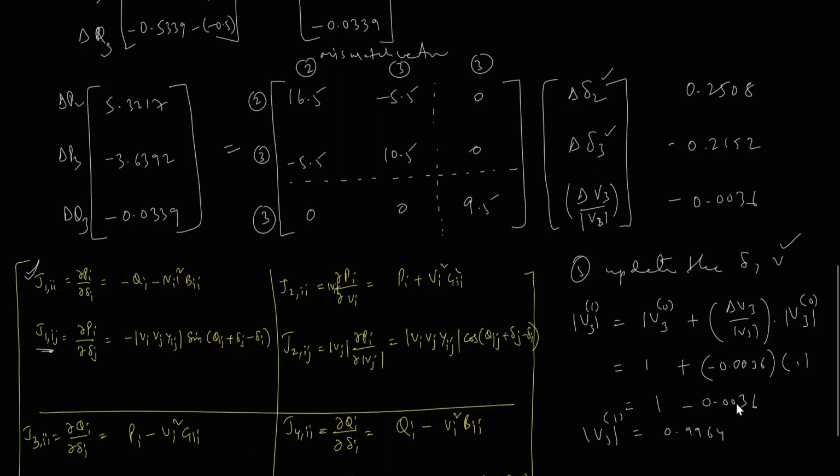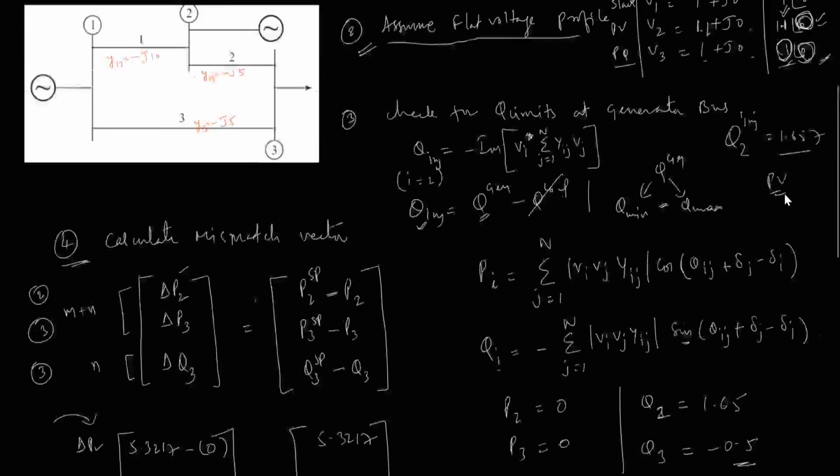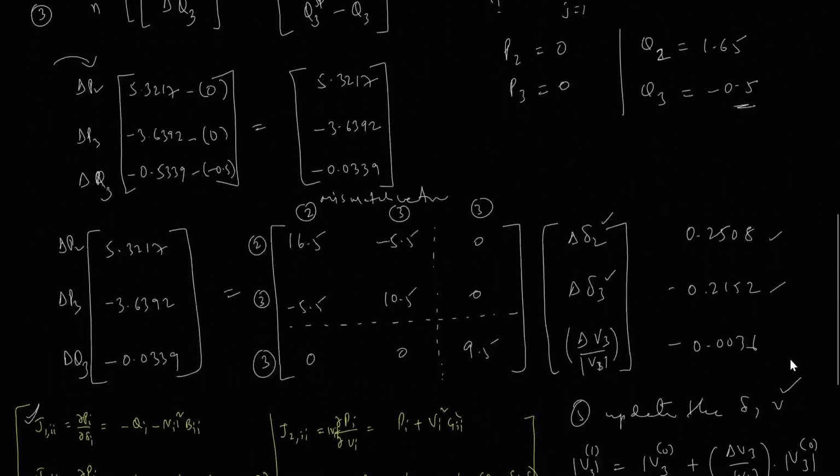Also correct the angles. Delta 2 after the first iteration equals delta 2 initial value plus this delta. What was the initial angle? Initially 1 at an angle of 0. We have taken 0 angle assumptions, so initial values are zeros.